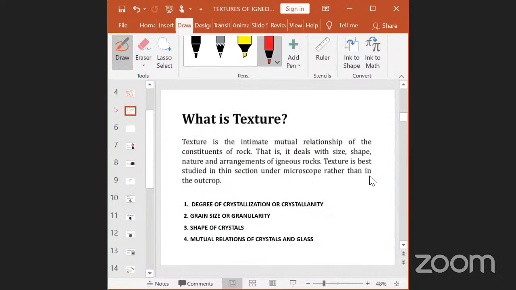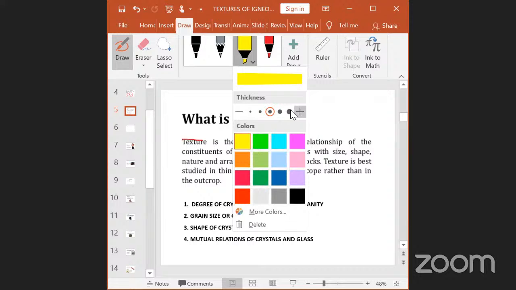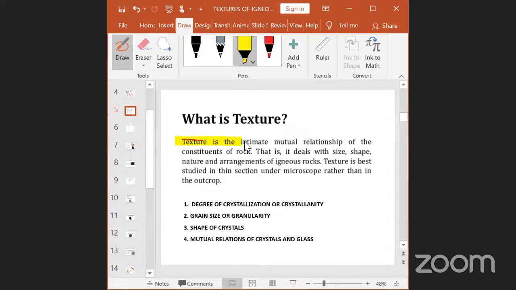The next one is texture, right? So what is texture? Texture is the intimate mutual relationship of constituents of a rock.